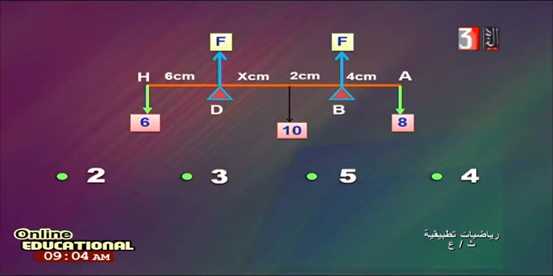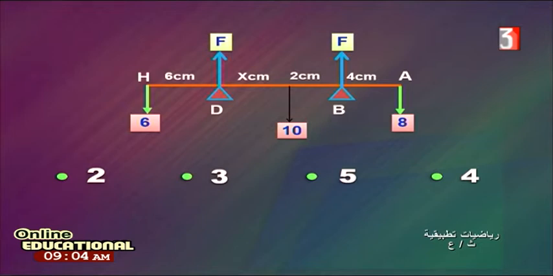My dear student, in the opposite figure, we have forces which act down at A, 10, at A, 8, at H, 6, and our resultant R is 10. We have two forces F at B and at D at a distance x centimeters.